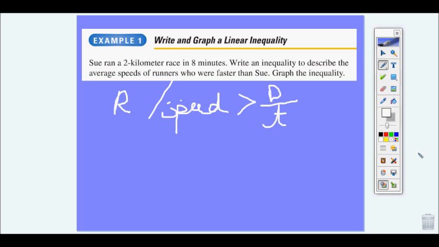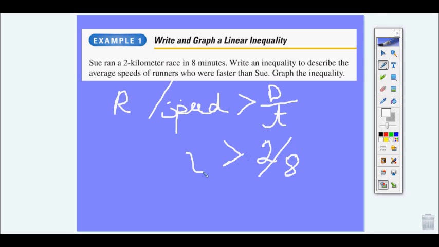We do not know the average speed, the rate, so that's going to be our variable. The distance is 2 kilometers, and the time is 8 minutes. We need an average speed that's greater than that.